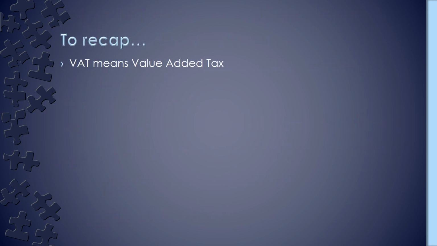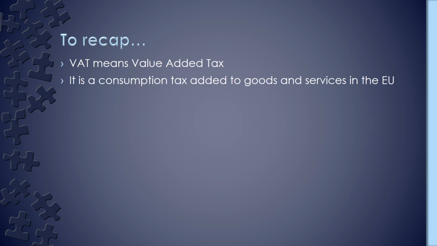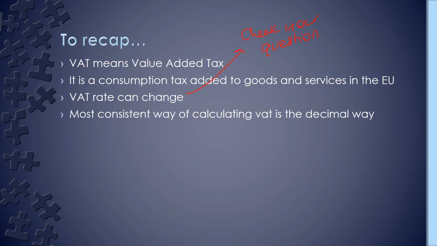So just as a final recap then, VAT means value added tax. It's a consumption tax that's added to goods and services in the EU. VAT rates can change, so that's really important because you always must check your question to see what actual VAT rate they've given you, and are the amounts including or excluding VAT.